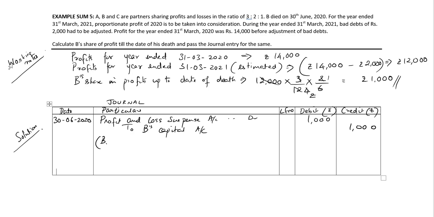Narration: being B's share in profits up to the date of death credited to his capital account.